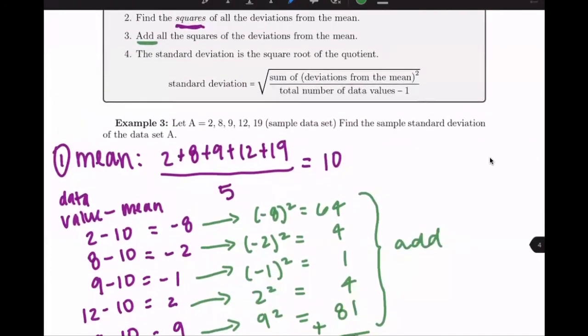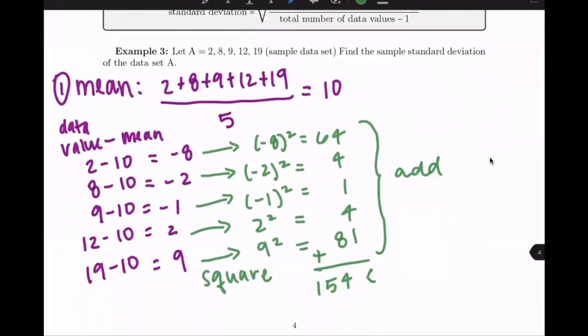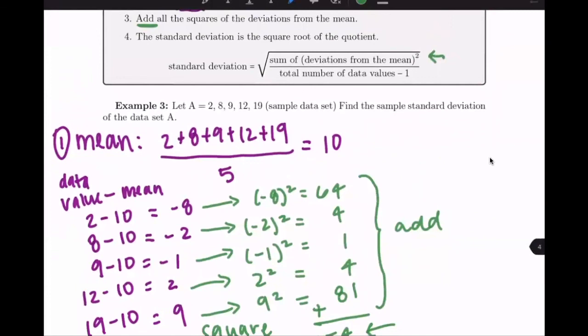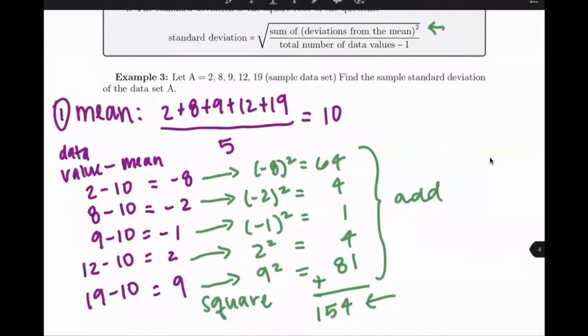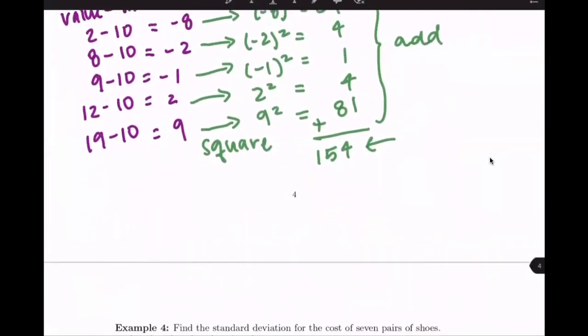All right. The standard deviation is the square root of this quotient. So this sum of the deviations from the mean squared is this number here. That's what we found. Okay? So lastly, let me write down this formula.